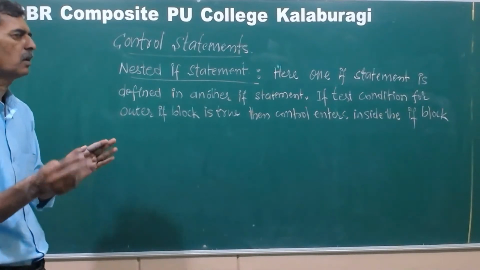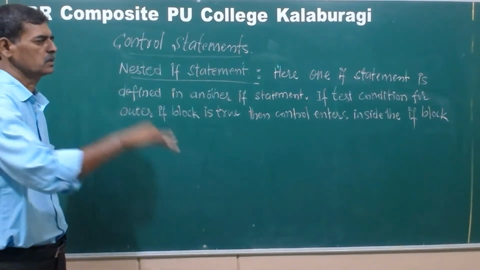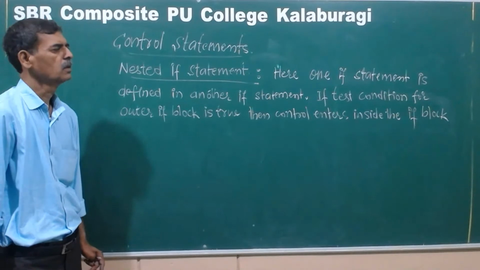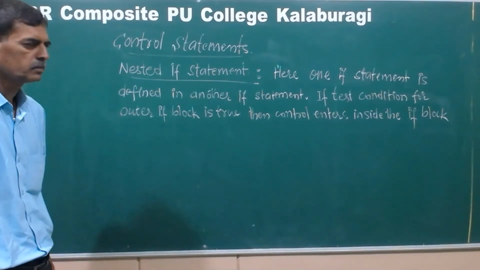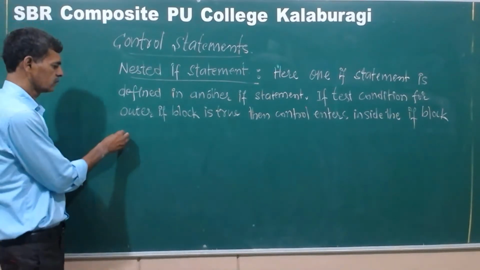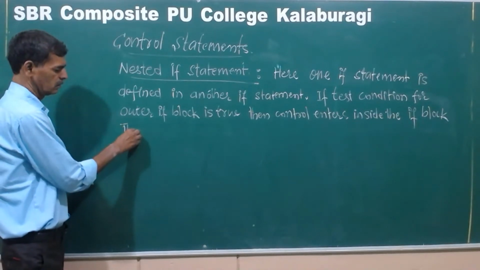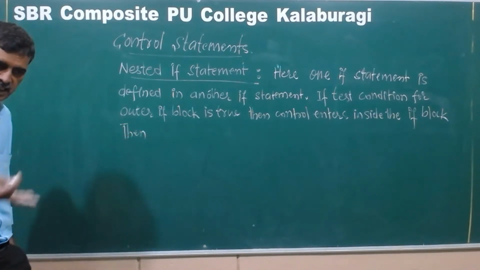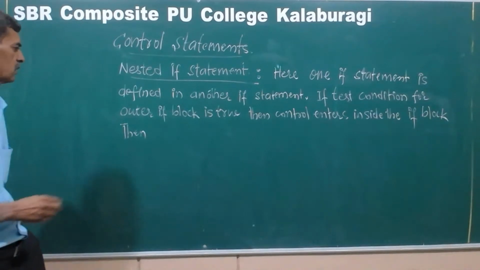If test condition for outer if block is true, then control enters inside the if block. Okay. Then test condition for inner block is tested.